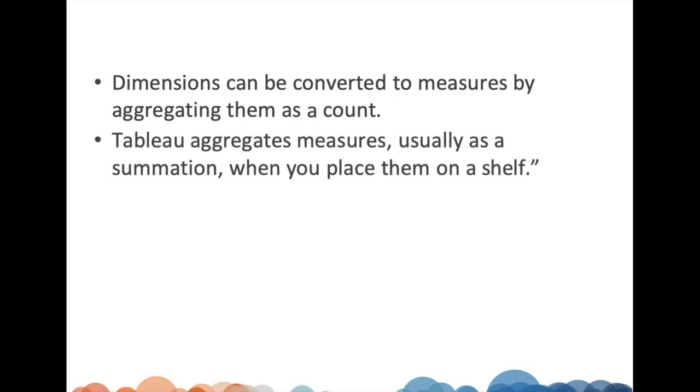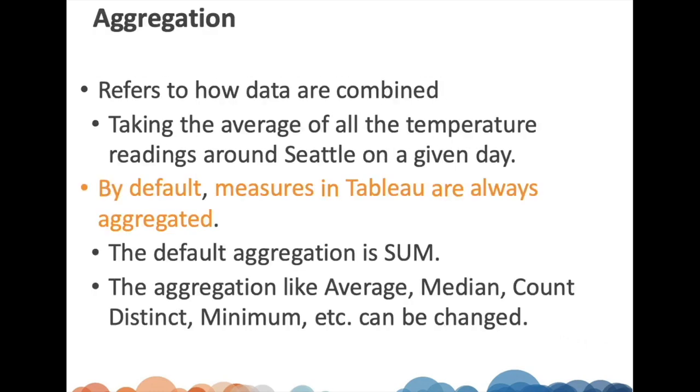By default, or usually, Tableau would aggregate measures as a summation when you place them on a shelf. So aggregation refers to how data are combined. An example of aggregation is taking the average of all the temperature readings around Seattle on a given day.